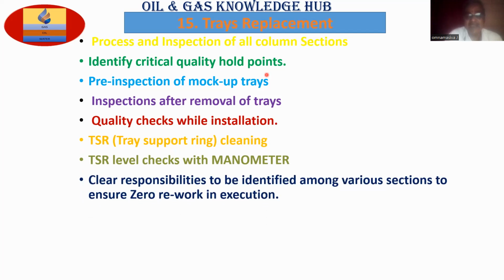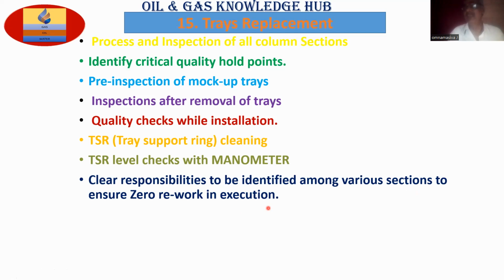Okay. Clear responsibility to be identified among various sections to ensure zero rework in the execution. You try to understand this. During the execution, you say, I forgot that one, I forgot this, oh my God, I had to go back and redo it again. That means from installation, you are going from bottom to top, installing upwards.